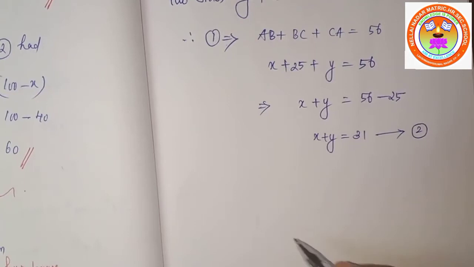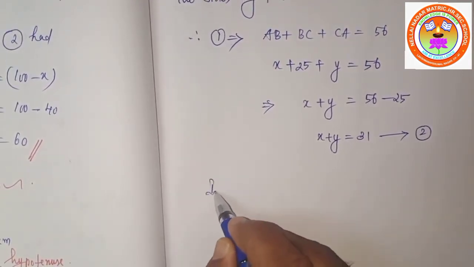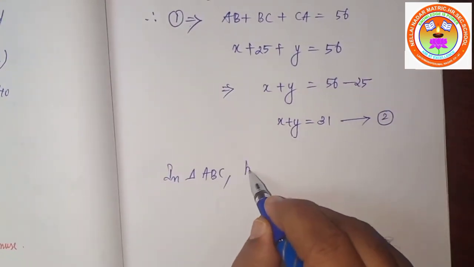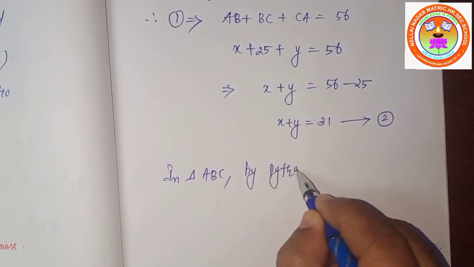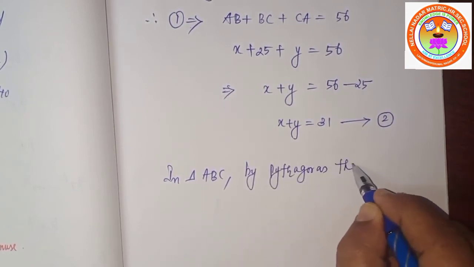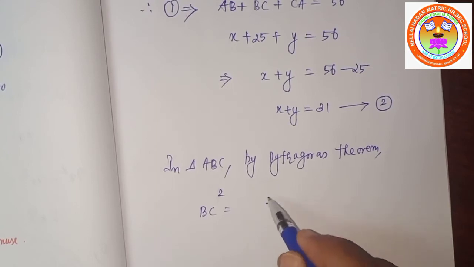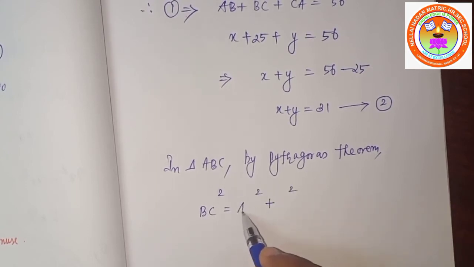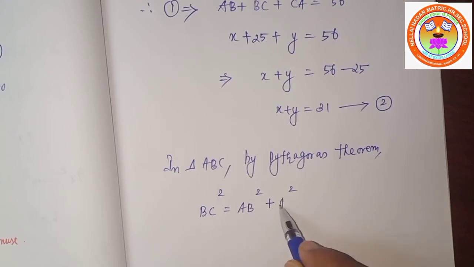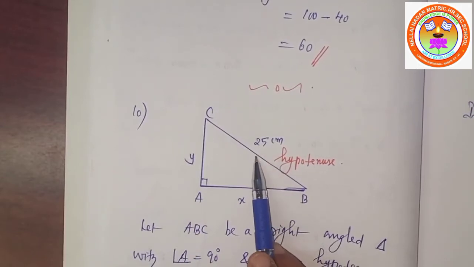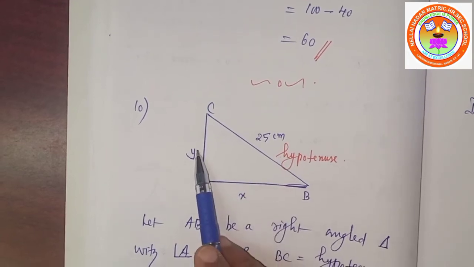Now, in triangle ABC, since it is a right angle triangle, we can use the Pythagoras theorem. Square of the hypotenuse BC is equal to the sum of the squares of the other two sides, AB and AC. BC square equals AB square plus AC square.